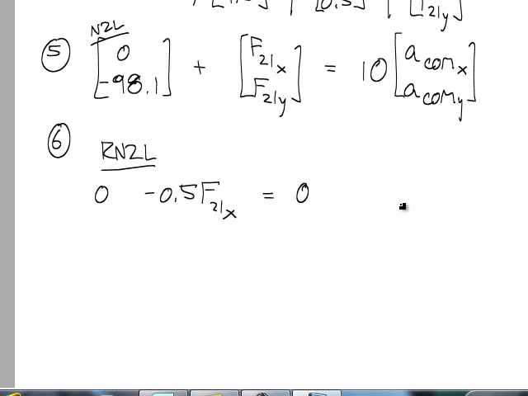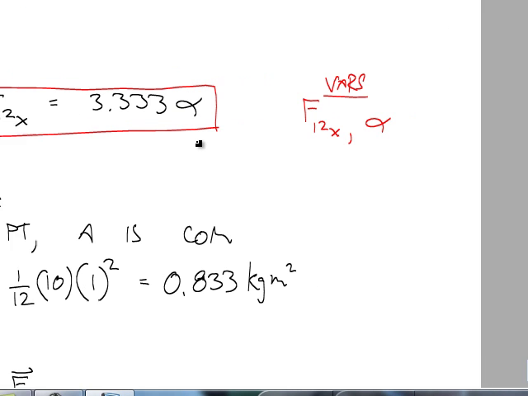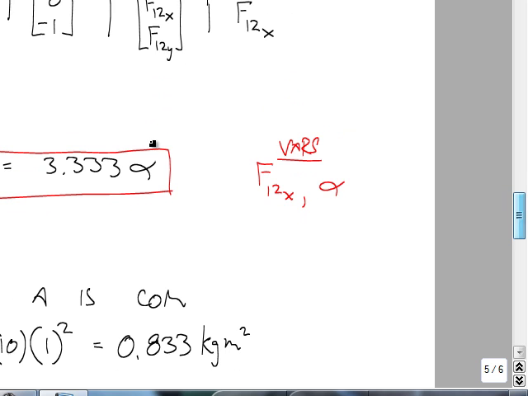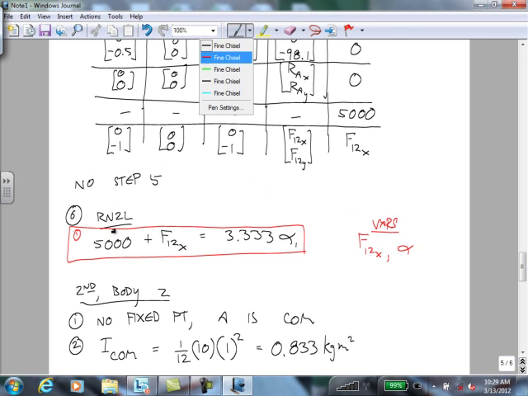Oh, up here, back in the first body, I just forgot to label this. So these bodies can rotate independently, right? So I just have to make this angular acceleration of body 1. And then we'll have a separate angular acceleration of body 2.